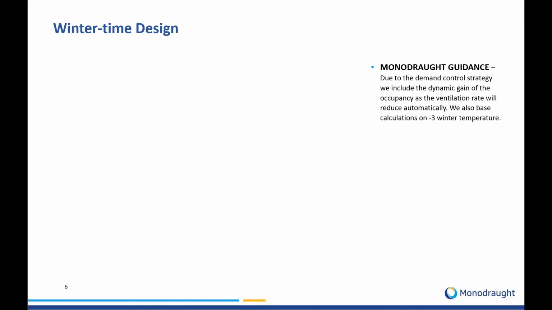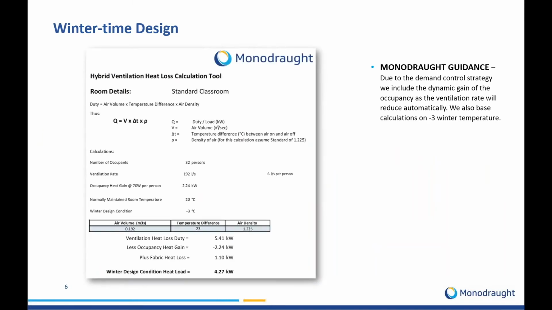If we look at wintertime design, though, we carry out a steady state type calculation to determine the ventilation heat losses that are experienced in buildings. Generally speaking, we design to a -3 weather condition, and we'd be looking for 6 litres a second per person.